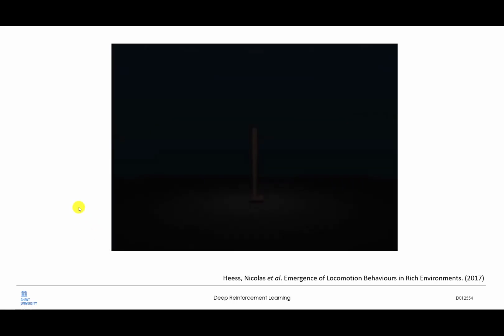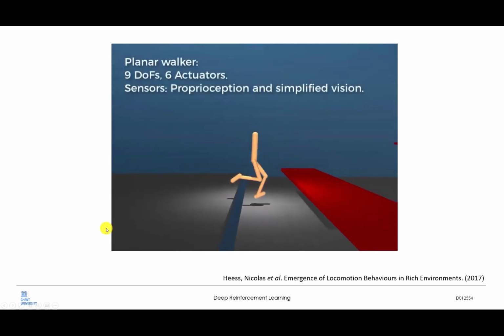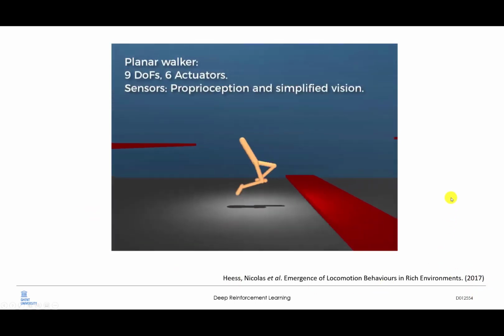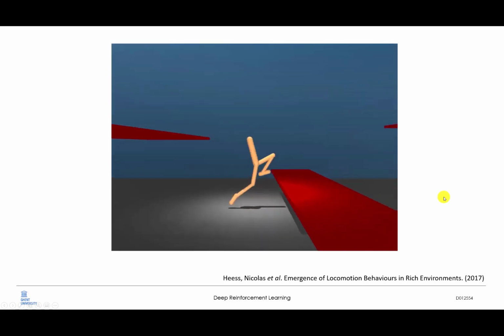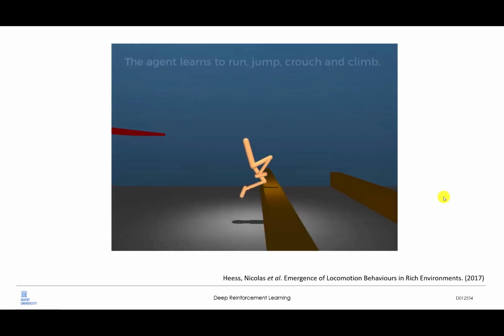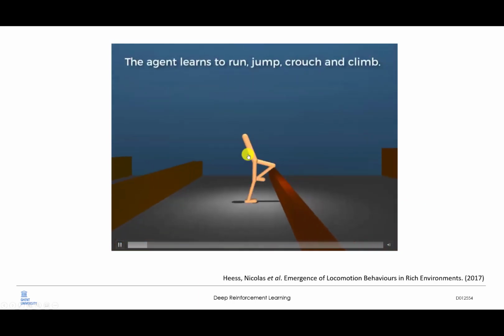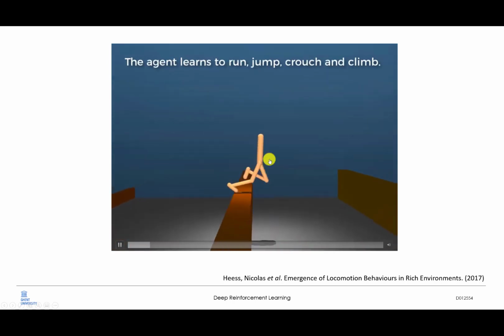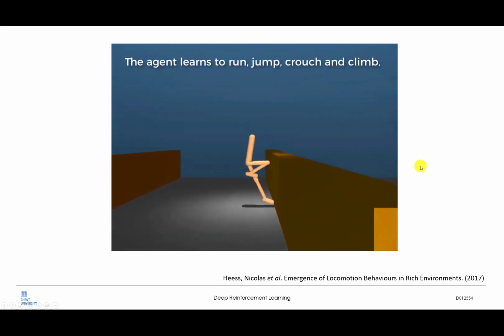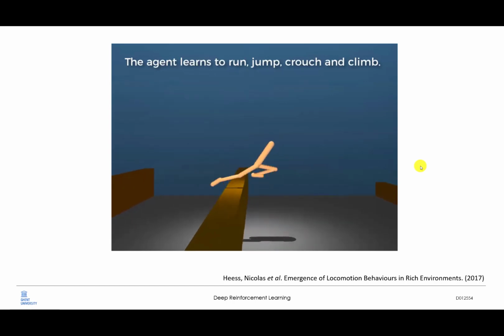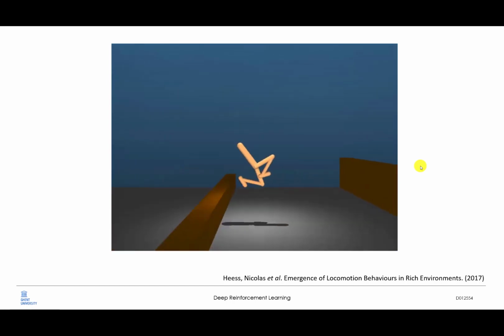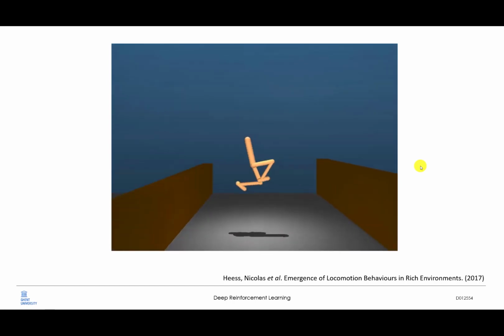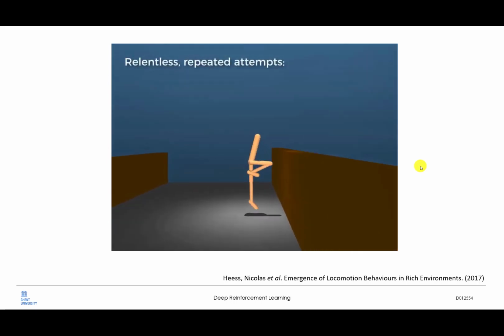Here I'm showing you some research not that long ago where they use these deep reinforcement learning algorithms to make figures, with some physical constraints, learn how to walk, right? You can see that here it is trying to reach the end of the lane, and every time it is able to do that, it will get rewarded.